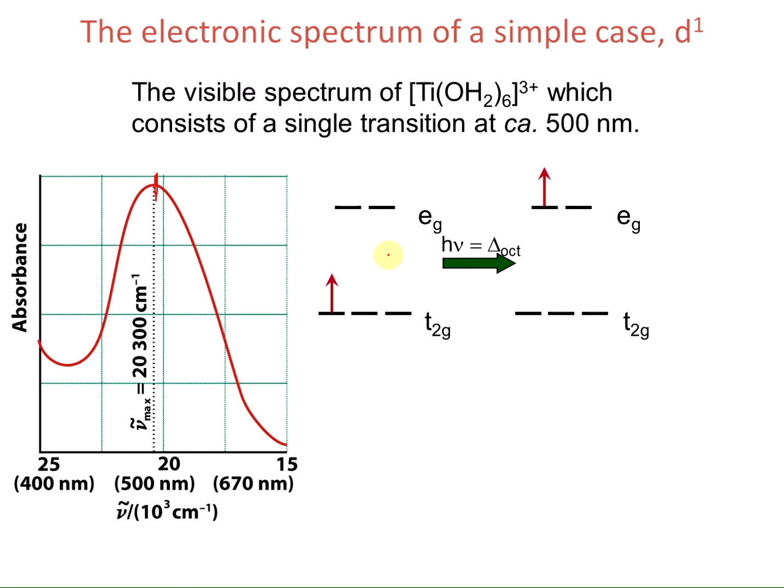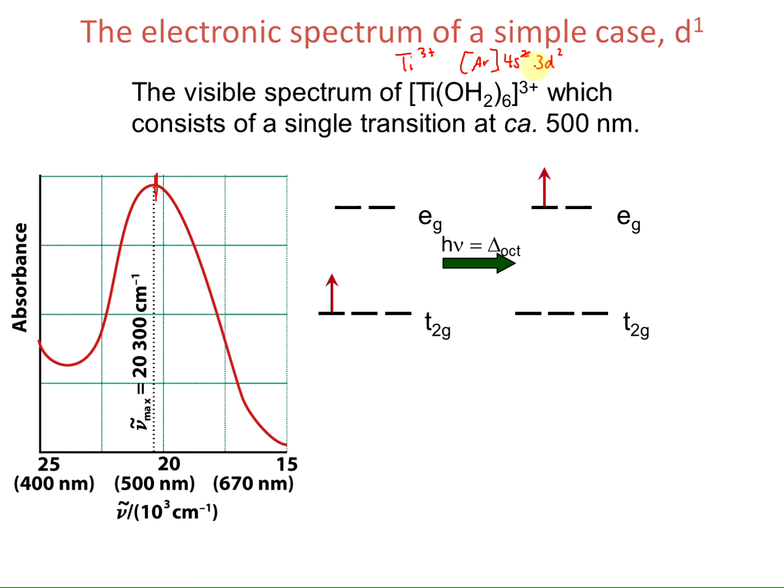So if I look at my titanium, and this is a titanium 3+, and I do my electron configuration, this would be argon 4s2 3d2, but that's for a neutral atom. We have to remove 3 electrons, so I remove the s and I remove one of the d.